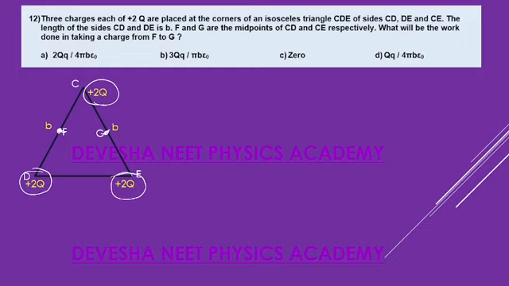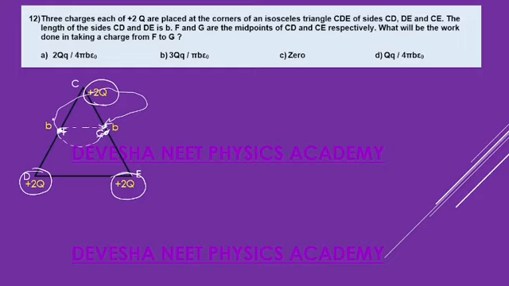We need to know what will be the work done in taking a charge from F to G. So basically, we are going to take a charge from this to this. This could be in any path. It could be from here to here, it could be like this also, or like this also. We have seen earlier that what matters is the final position and the initial position.